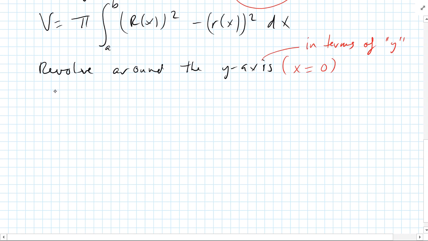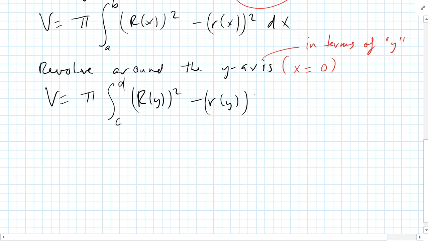We're going to say volume equals pi, but now instead of going from a to b, I'm going from c to d because these are y values. Remember, the a and b are x values, the c and d are y values. Is my radius in terms of y now? And my little radius is also in terms of y, dy. Is it that simple? It's that simple.